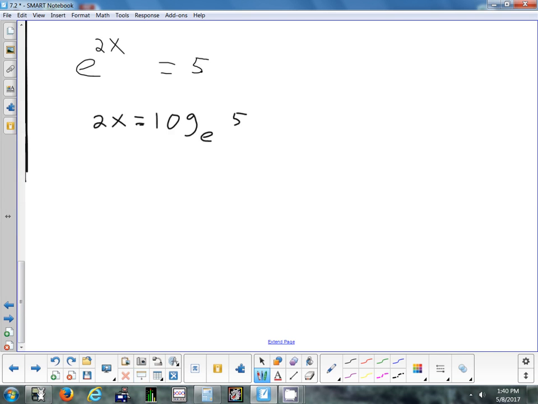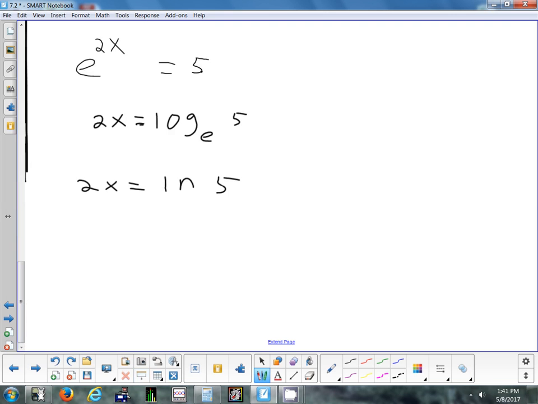Now, what's going on there? That's not normally how we would write it. There's something we can substitute in and make it shorter. ln. What are we going to substitute that for? Log base e.